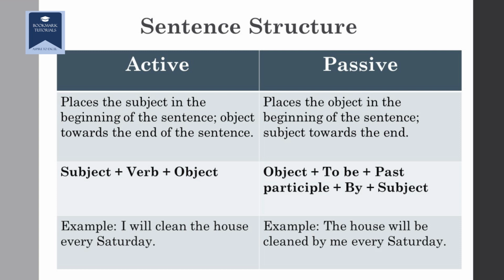Here, the house is the object, and will be is the form of verb to be. Cleaned is the past participle of clean, and me or the speaker here is the subject.